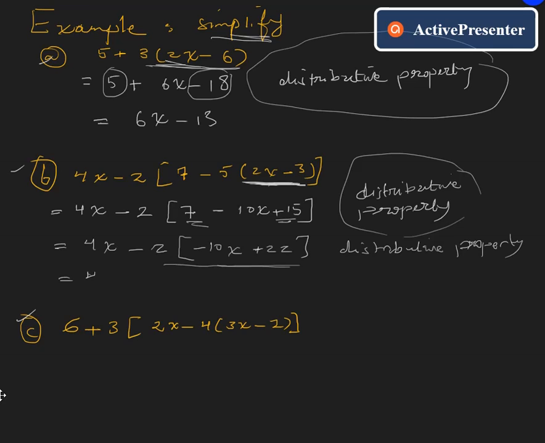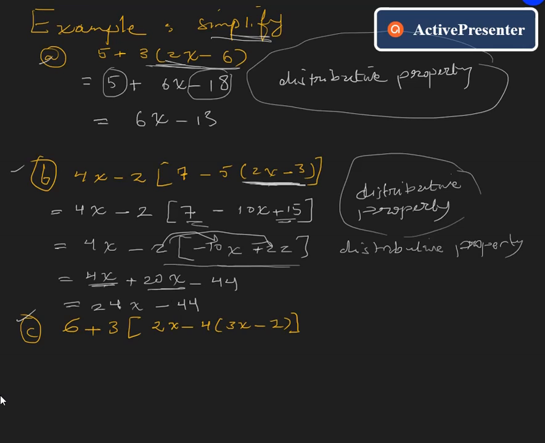So this is eventually 4x plus 20x minus 44. What we have made, we multiplied here and here. At the end we combine the variables together, then this is equal to 24x minus 44.